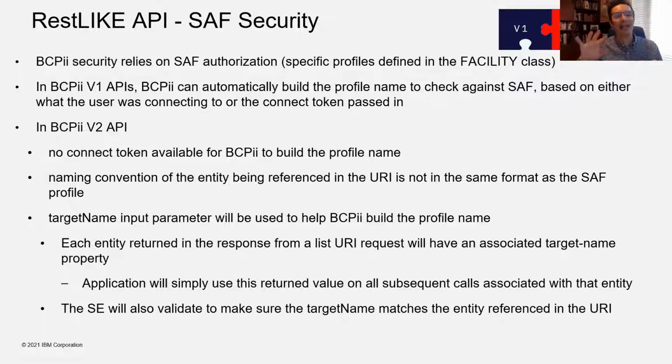The SE doesn't know what z/OS user IDs have authority to the request, but does know what target name you specified on the request. So if you specified a bad target name, the SE is going to say, I'm not allowing the request, regardless of what the user ID is. So the bottom line is you need to specify the right target name.